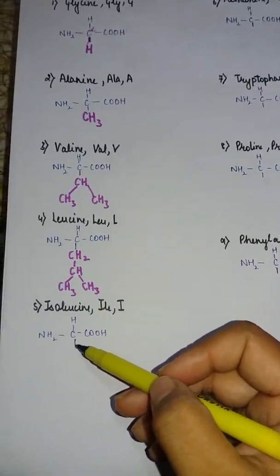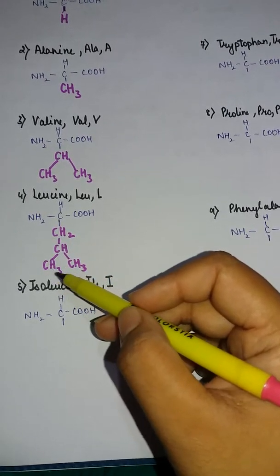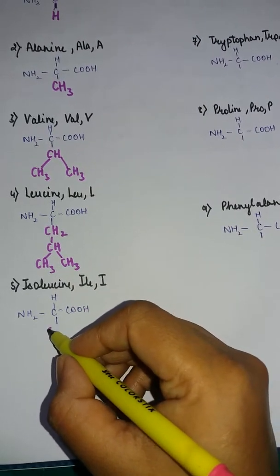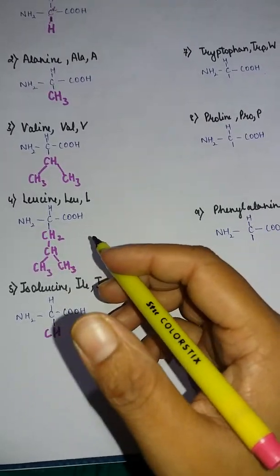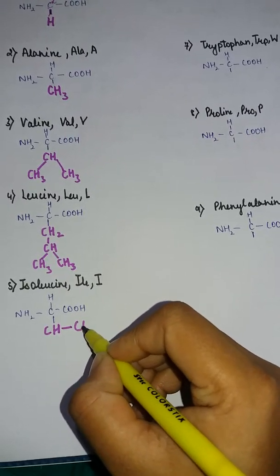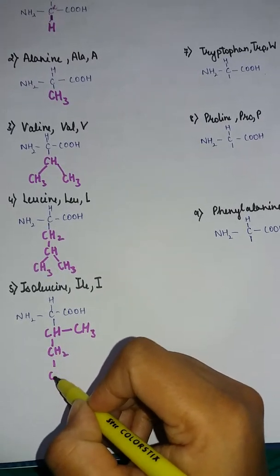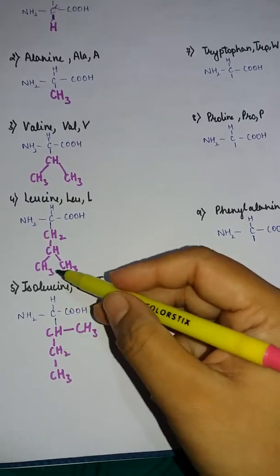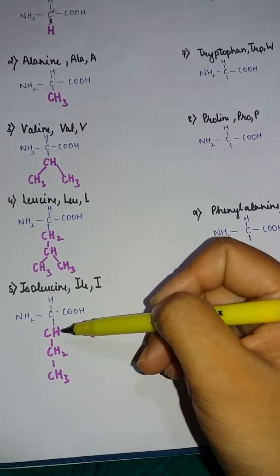Isoleucine also contains 4 carbons only, but the difference is in their arrangement. So they have the same molecular formula, but these two are isomeric forms. It contains CH which is attached to CH3 and CH2, CH3. So they both have the same number of carbons but differ only in arrangement.